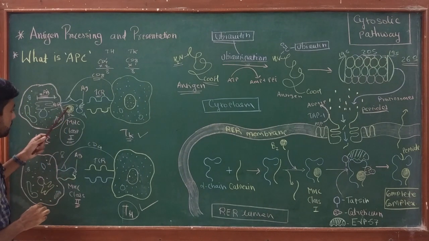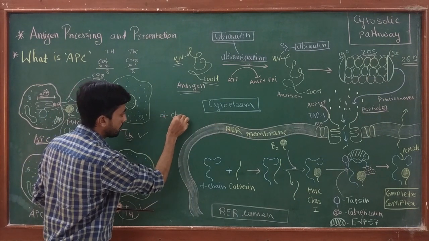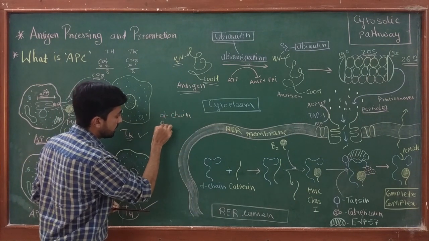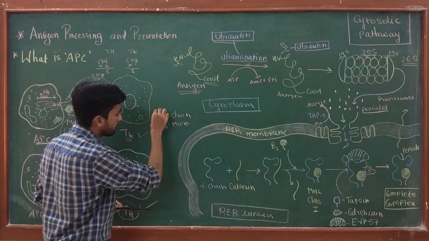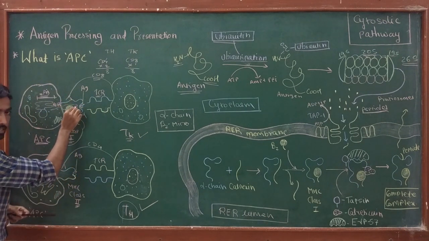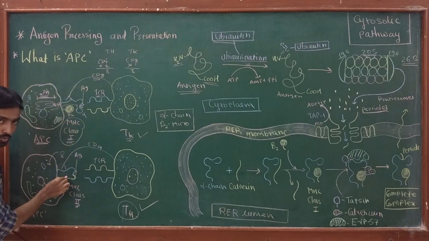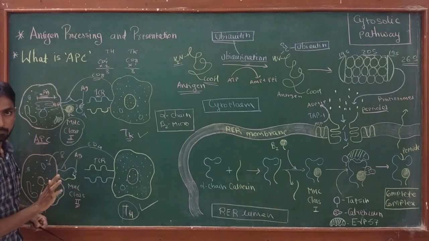That means this MHC class 1 molecule is made up of two parts, the alpha chain and the beta 2 microglobulin chain. Okay, the MHC class 1 structure is quite different from MHC class 2. In today's lecture I am focusing on MHC class 1 only.